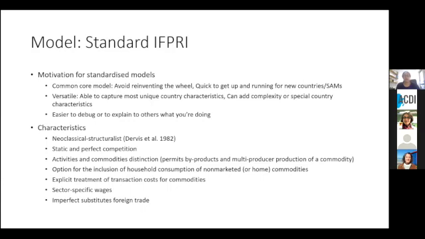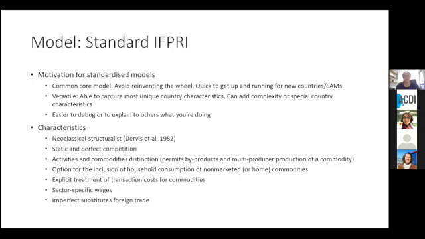It's versatile as it's able to capture the most unique country characteristics, and it's also flexible in the sense that you can add complexity or special country characteristics. Having a standard model also makes it easier to debug and enables easier sharing of what you're doing with others.